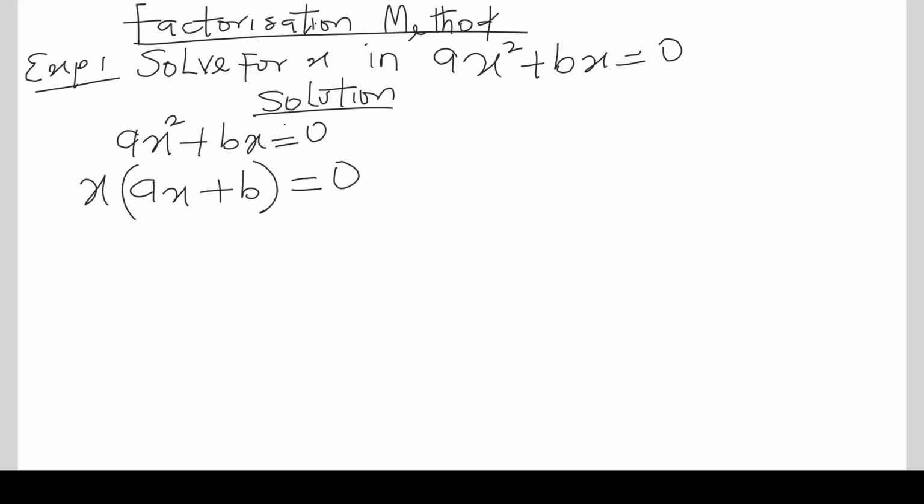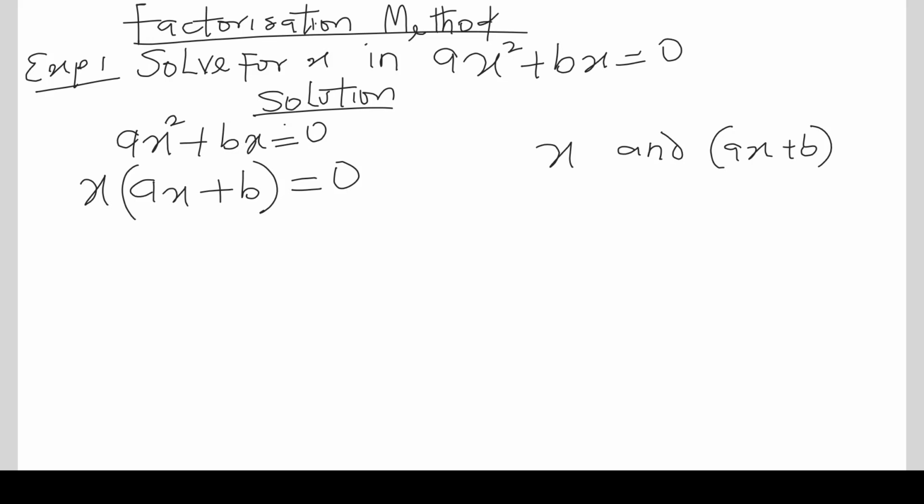So it means we have factorized this into two factors multiplying themselves. And what are the two factors? We have x and ax plus b multiplying themselves.